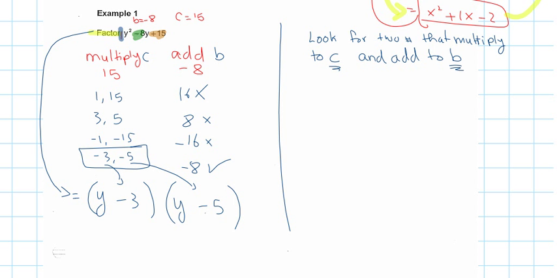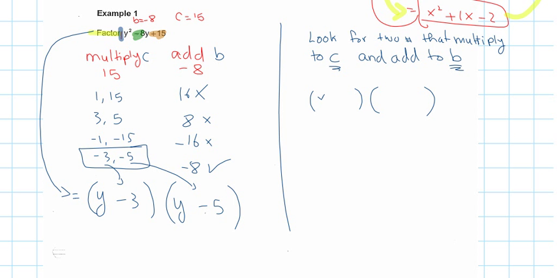Once you find these two numbers, then you're going to put them in the brackets. So you put your brackets, right? In the first location, you're going to put whatever letter you have, but not squared. So if it's x squared, it will be x. If it's b squared, it's going to be b. If it's d squared, it's going to be d. Okay? So in the first location, you're going to put your letter.